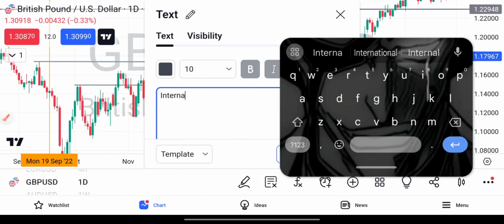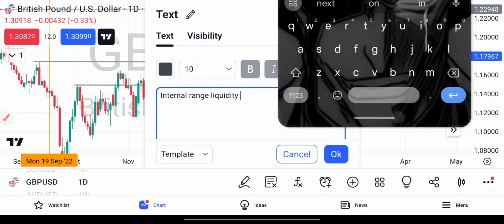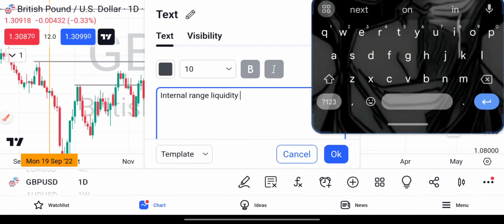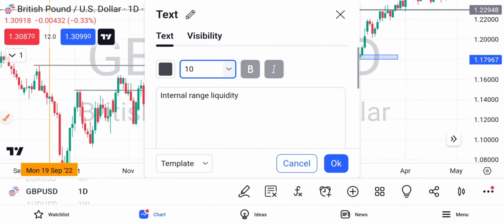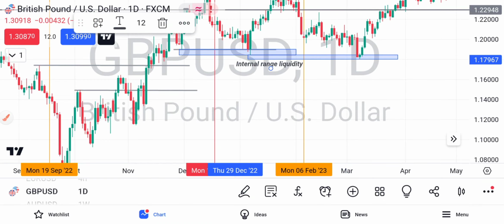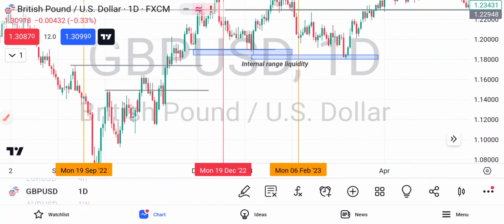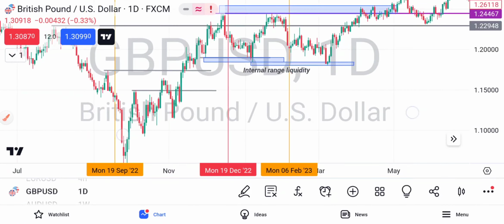Internal range liquidity. Good. Increase the size. 12. So this area now is what they call internal range liquidity.